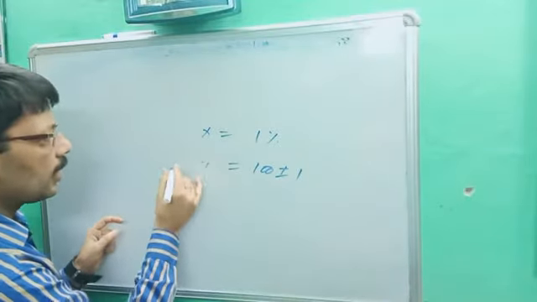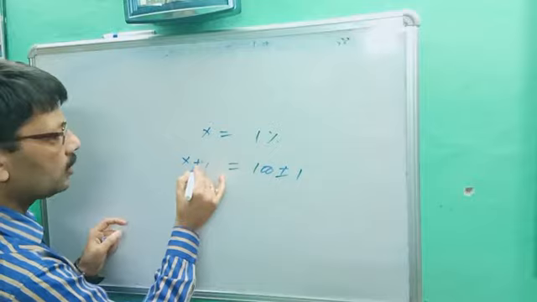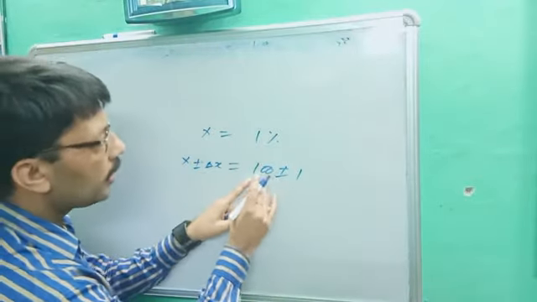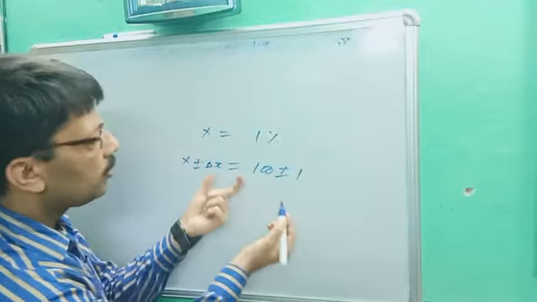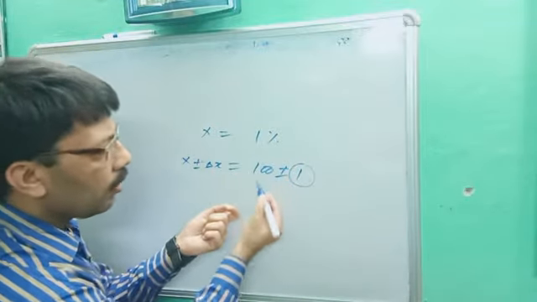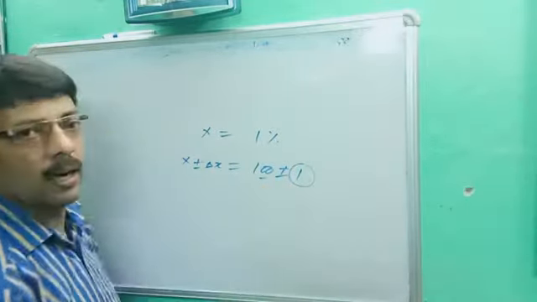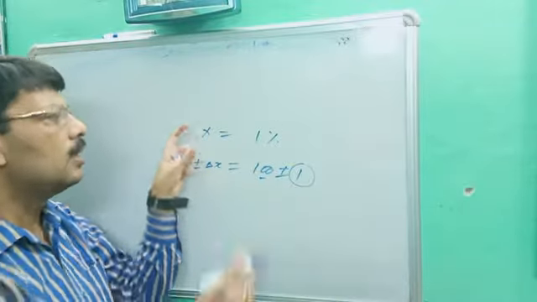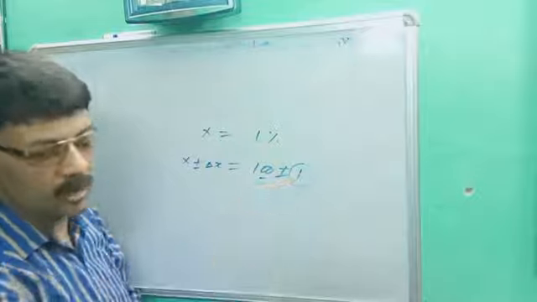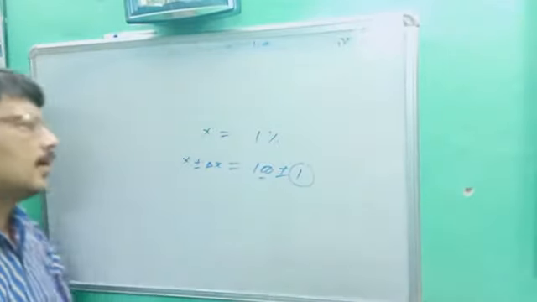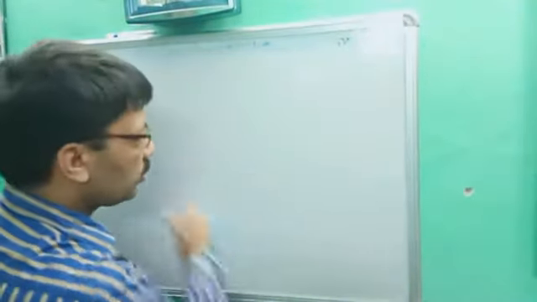So it could be written as x plus minus del x is equal to 100 or 1%, or it could be written as 100 plus minus 1. It means there is an error of 1 out of 100. Okay, so this is the meaning. So there are two ways by which we can write this: 1% or 100 plus minus 1, both are the same answer.